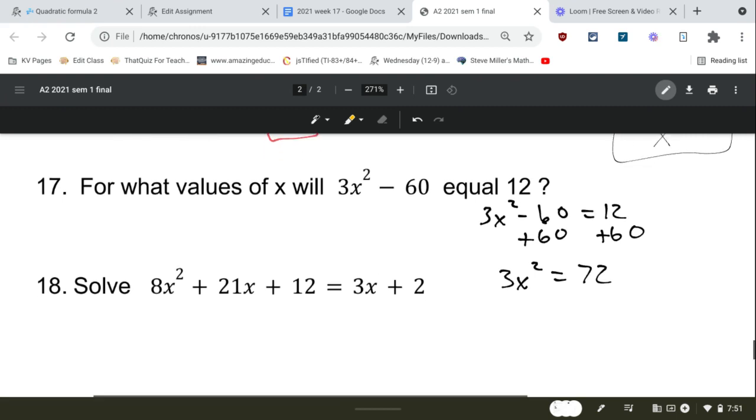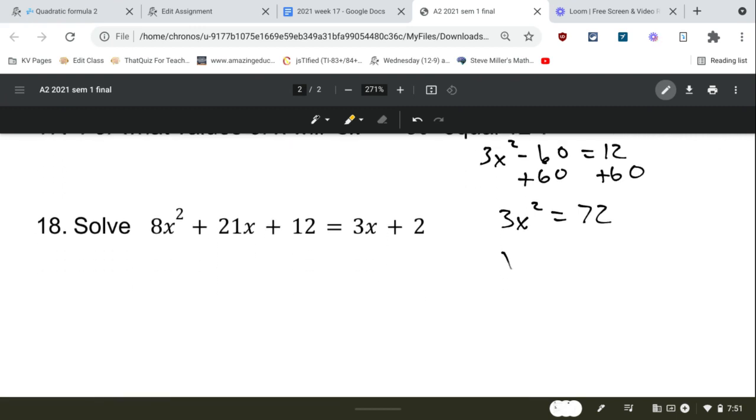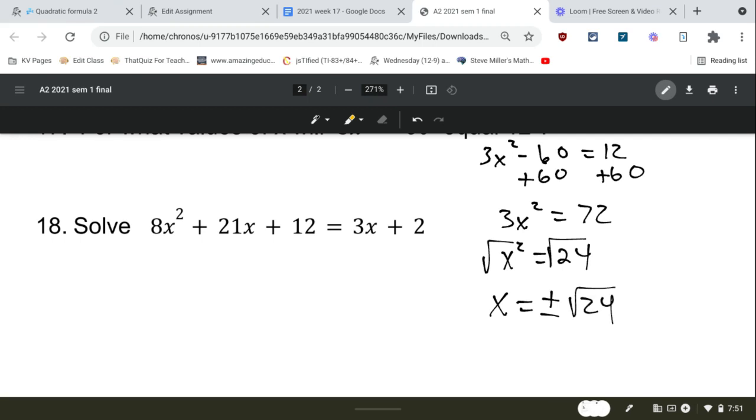And then divide by 3. That'll be x squared equals 24. And then I can take the square root of both sides. So x will equal plus or minus the square root of 24.